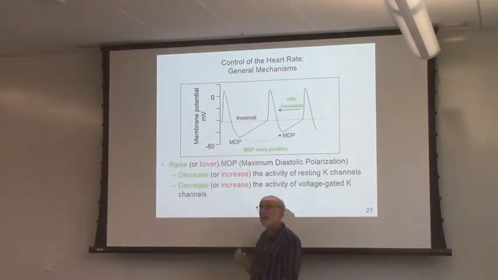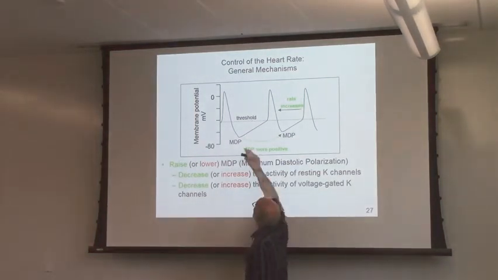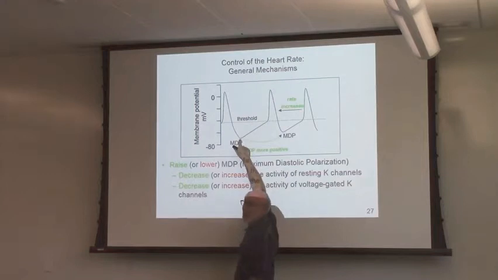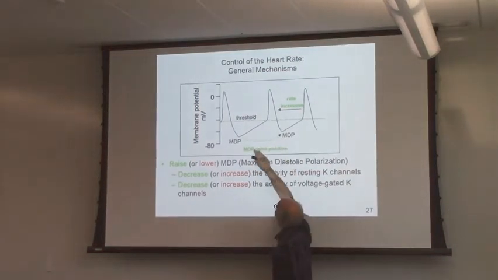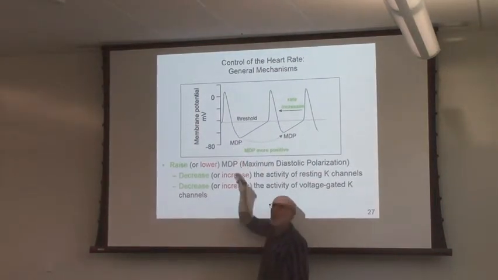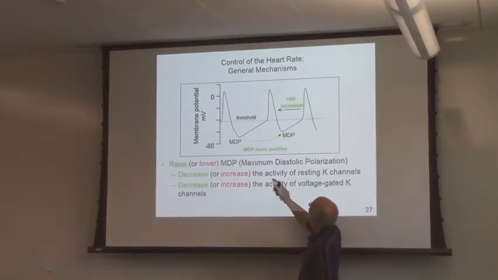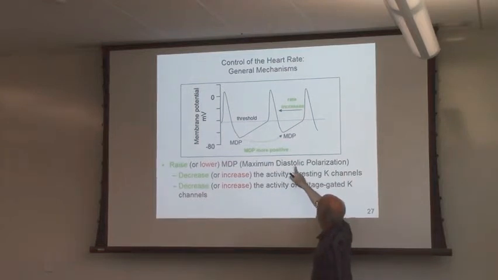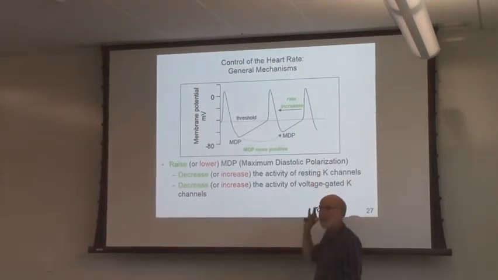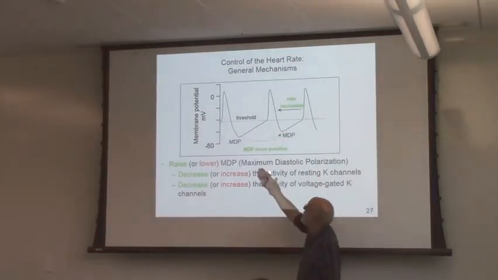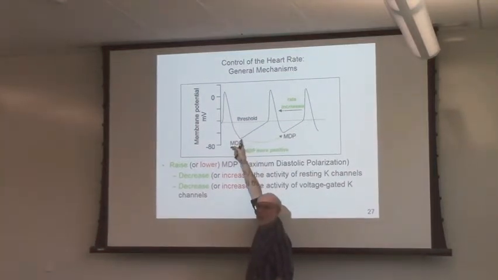Another way, so this is mechanism 2, is that if we make the most negative point that it gets to, which is called the maximum diastolic polarization, MDP, less negative. Remember, it's never at rest, but it does have a maximum. It's most negative at a certain point.